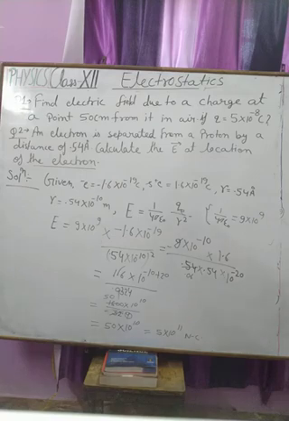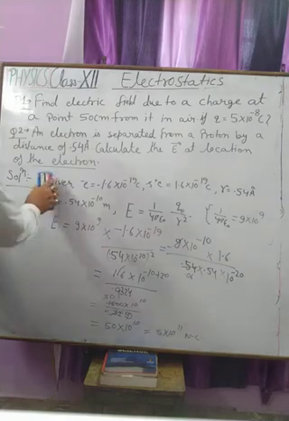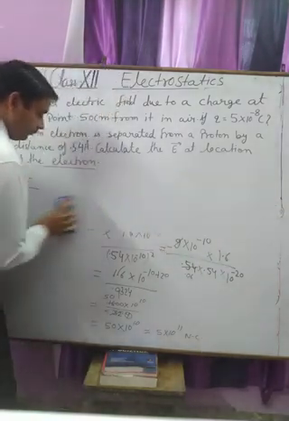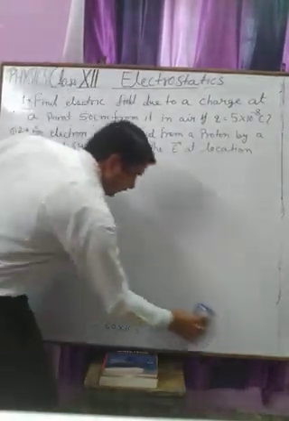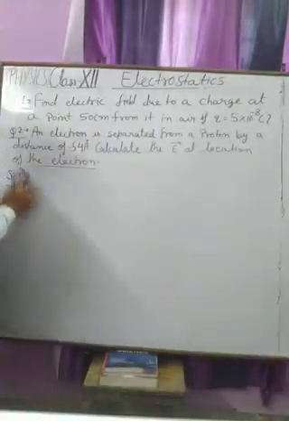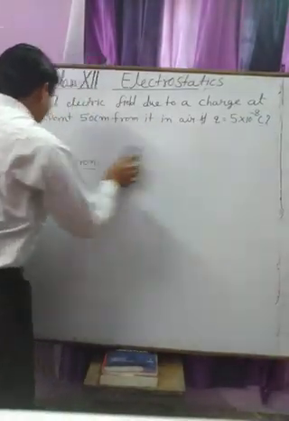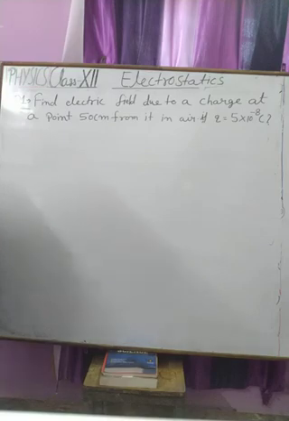Okay, this is the final answer, 5 into 10 to the power 11 Newton per Coulomb. Now we are going for solving the next problem. That is problem number 5.